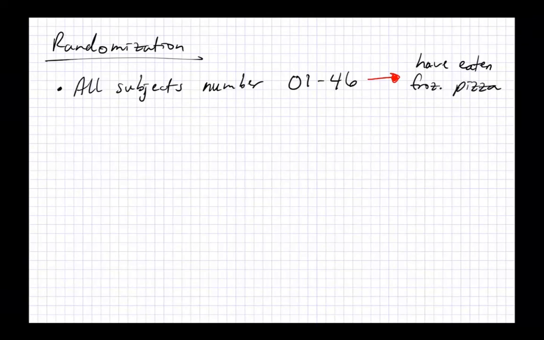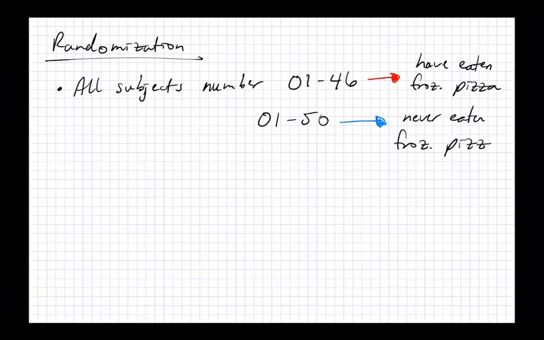And then we could say 01 to 50 for never eaten frozen pizza. Or you can say 01 to 46 and 47 to 96. You can do that. Okay.